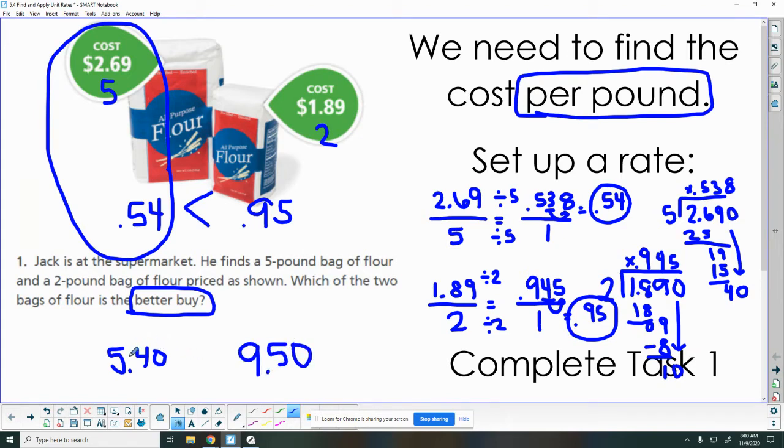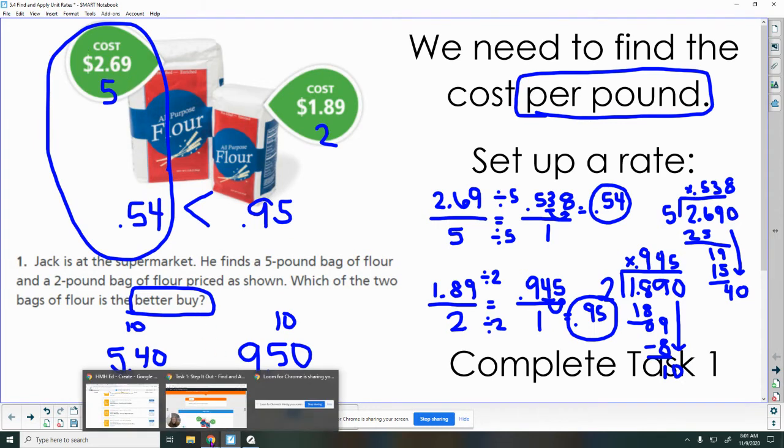So if I bought 10 pounds, I'd buy 2 bags of these, and I'd have to buy 5 bags of the smaller ones. I would spend only $5.40, but to get the same amount in the smaller bags, you're going to spend almost 2 times as much. So the better deal is the 5-pound bag.